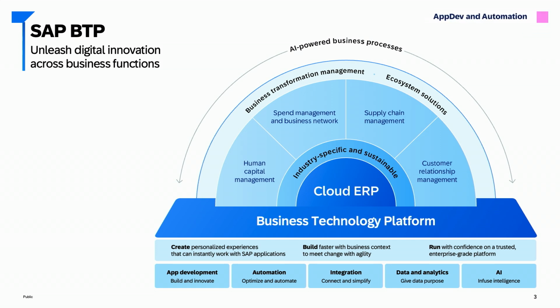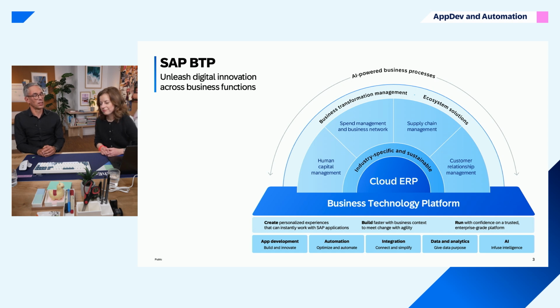As a customer or partner, you can use this to create new applications, new automations, and processes on top of it, and of course integrations. This is also the platform where your data and analytics is running. And of course, it also provides the AI capabilities that you need, first to create all these nice experiences, and then within the experiences to make use of them in your business applications.